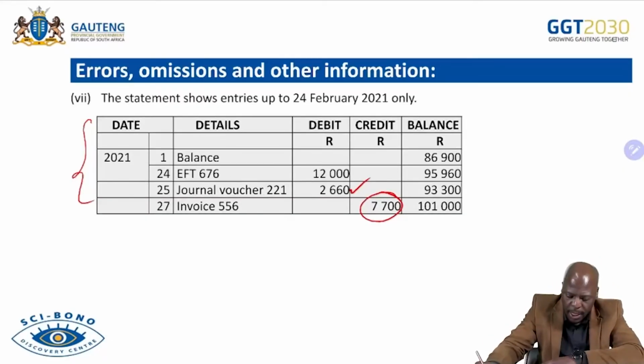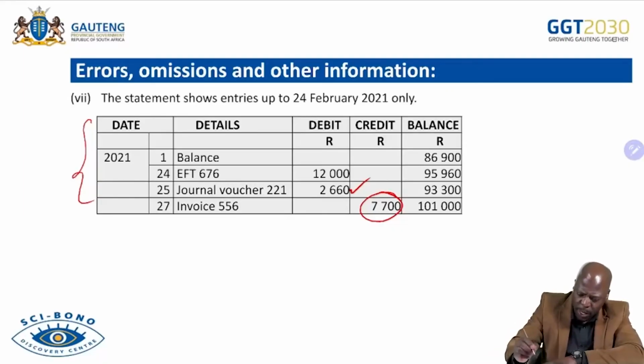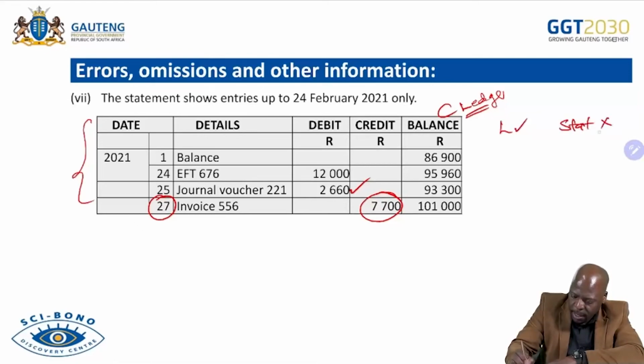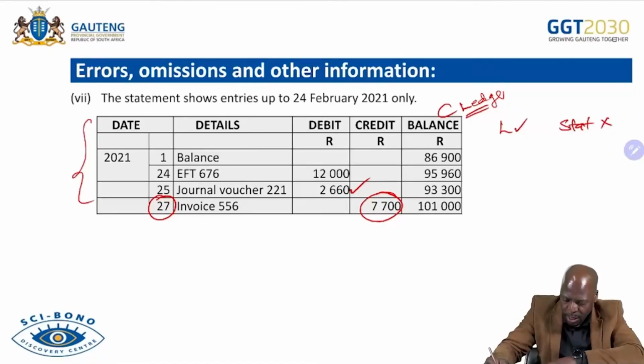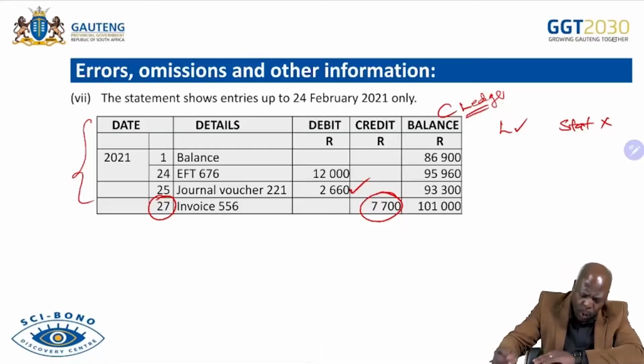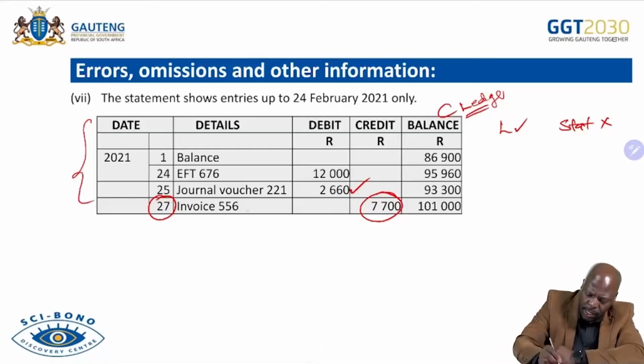Once they're telling us that the statement is showing us until the 24th, whereas in the ledger it is until the 27th, that means there are items that are in the ledger but not on the statement. What should we then do? We should simply take them to the statement. And then what are these transactions? It is an invoice. What sign is an invoice? An invoice is a plus.